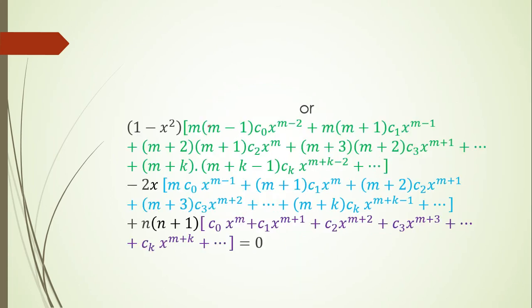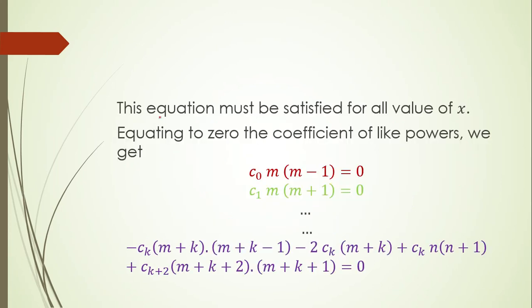So next, this is the explanation of the summation. This equation must be satisfied for all values of x, equating to 0 the coefficients of like powers.